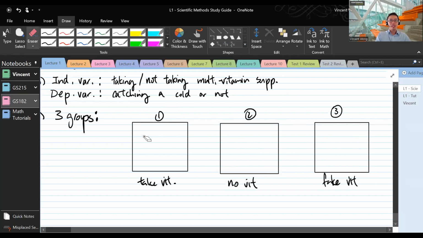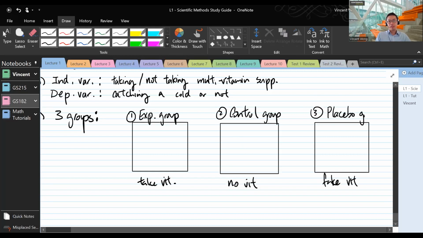So this here, taking vitamin, that is the experimental group, or a treated group. Number 2, no vitamin, that's the control group. And number 3, we're going to have the placebo. Okay. So 3 groups.